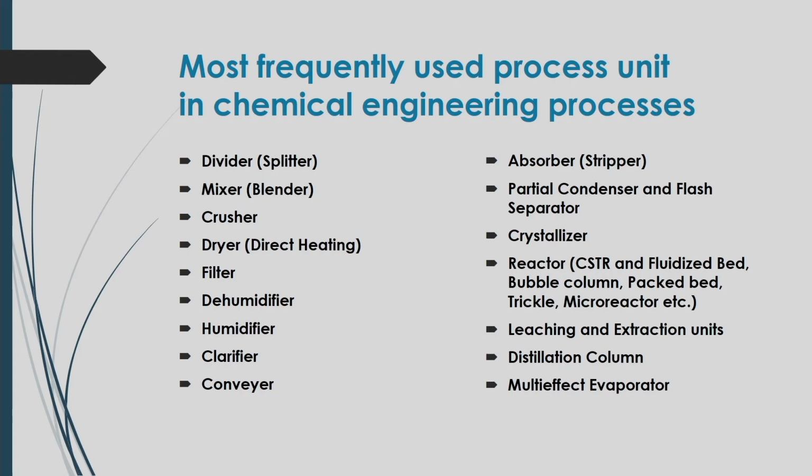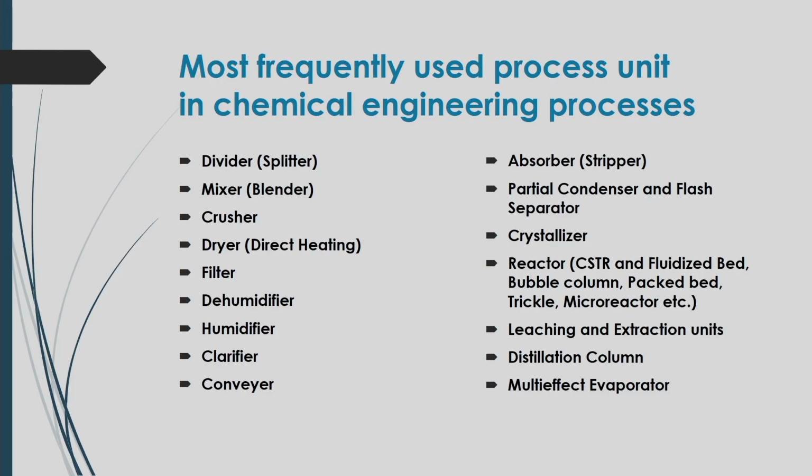Clarifier: here also fine particles are separated by floating in a particular process unit, which is called a clarifier. Conveyor is used to transport materials from one position to another, and absorber is used to absorb some unwanted materials in a certain liquid or solid material.